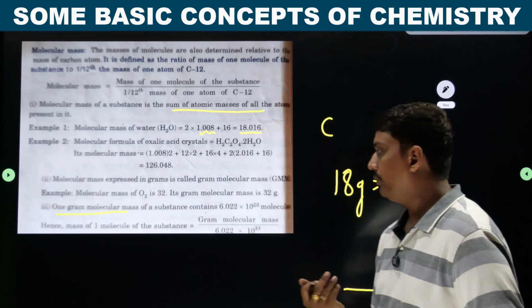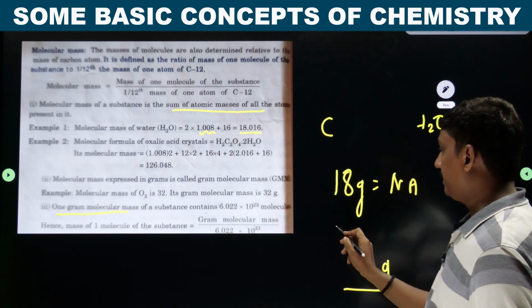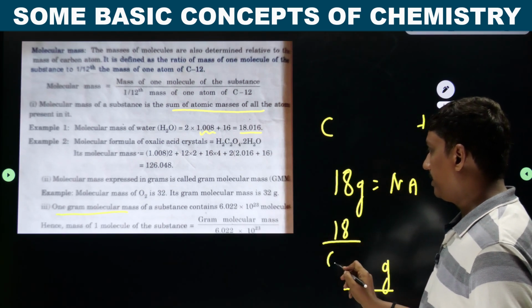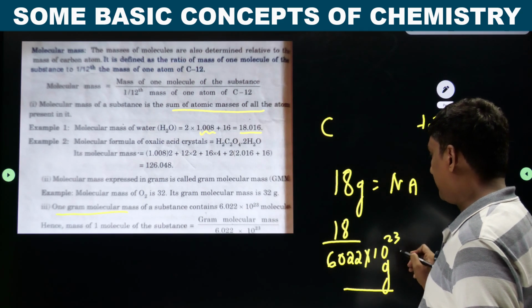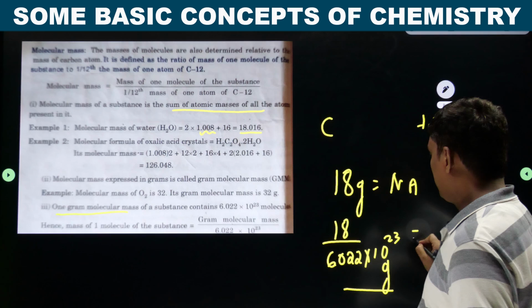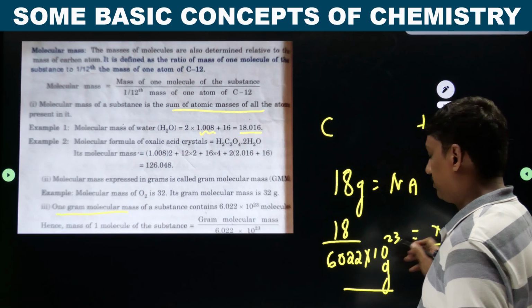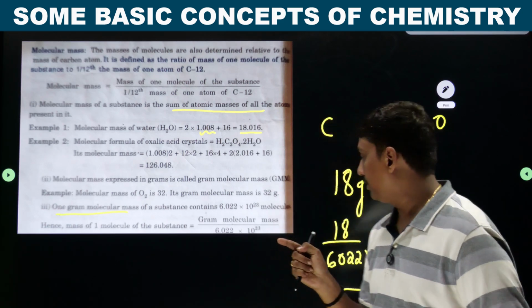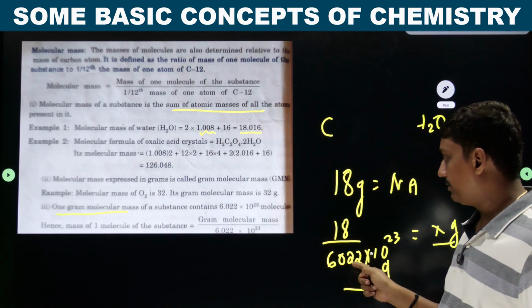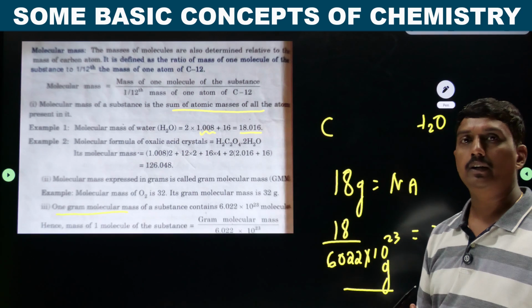Very simple. Gram molecular mass is 18 divided by 6.022 into 10 to the power 23, which is equal to x grams.